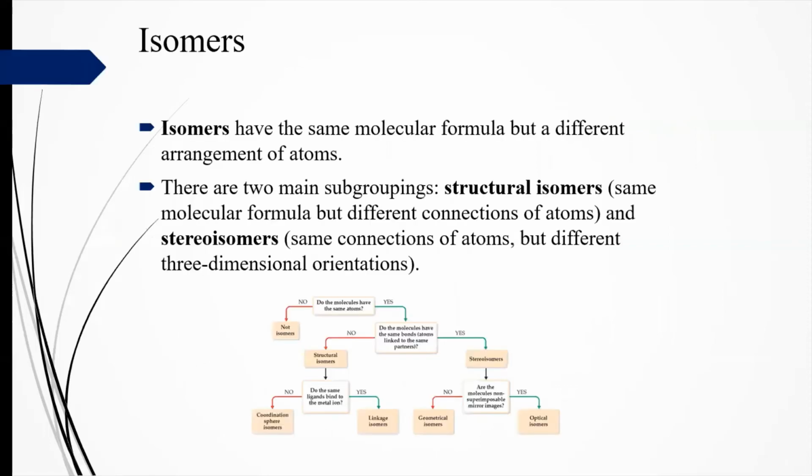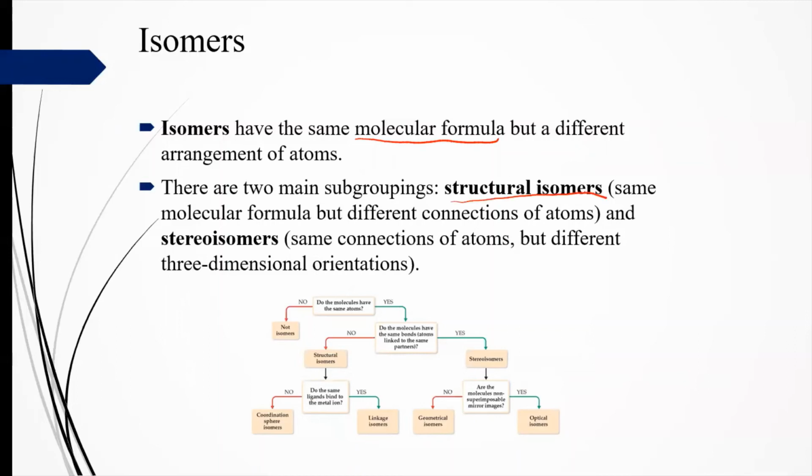The last part that I want to talk about is going to be isomers. Now, with your complexes, we have a lot of different arrangements that they can take on. So an isomer is something that has the same molecular formula, but it might have a different arrangement of those atoms. And so there's different classifications of what they could be.